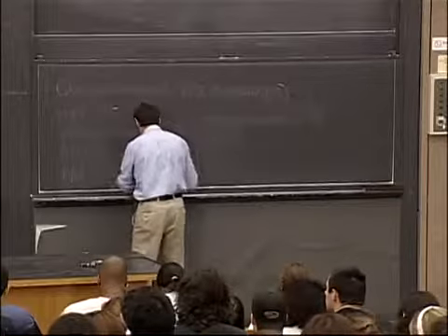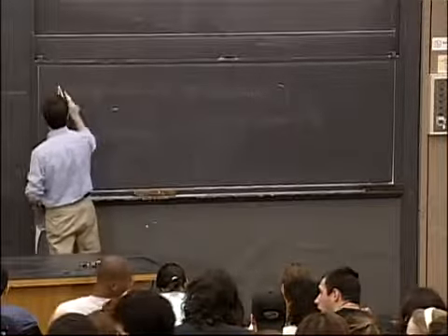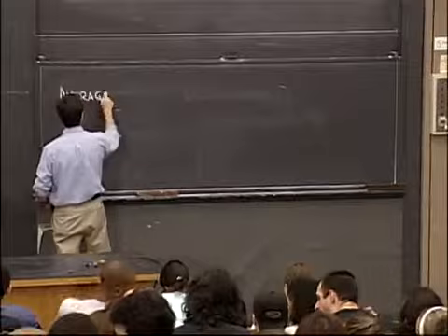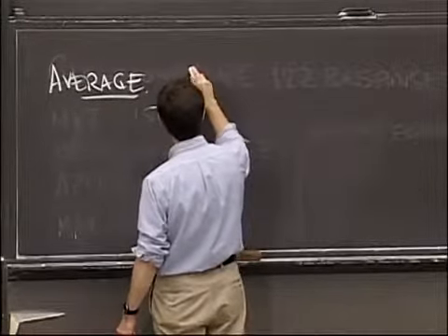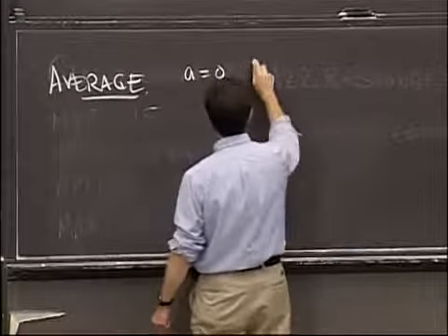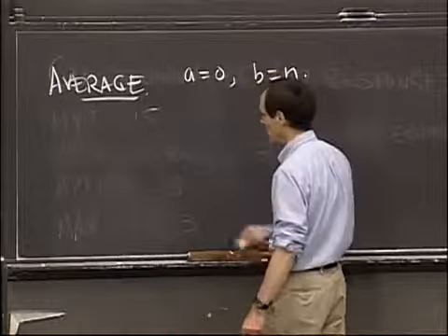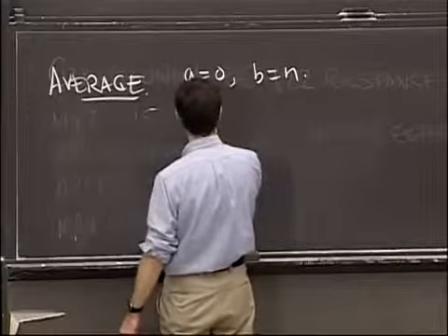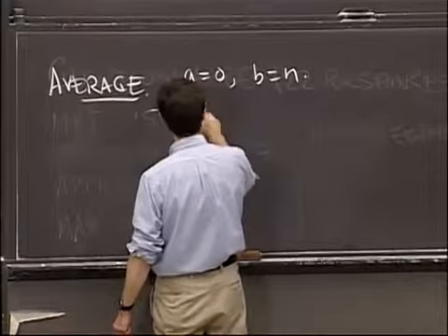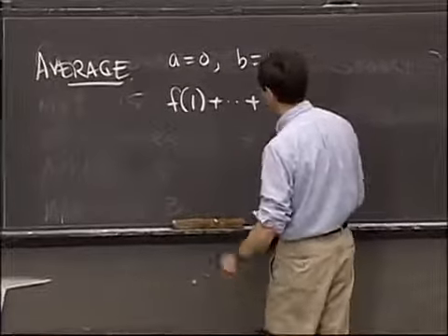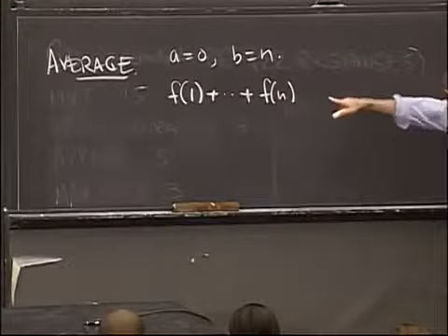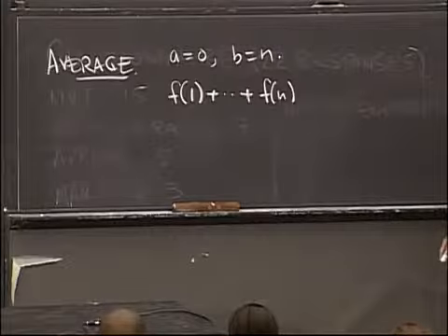So the idea of an average is the following. For example, imagine that a is equal to 0 and b is equal to n, let's say, for example. And so we might average, sum the function from 1 to n, all right?